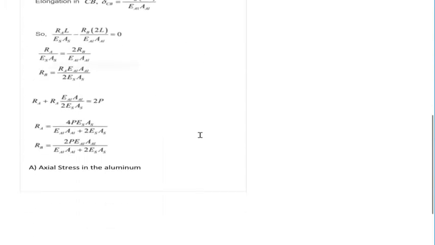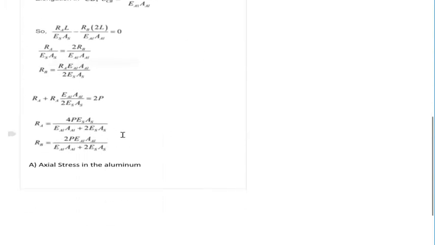So we will have to replace this whole expression for RB, 2PE, divided by the area of the aluminum.